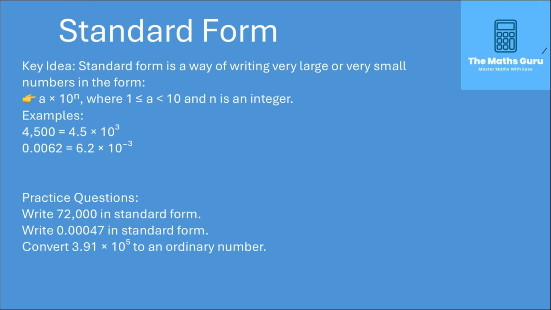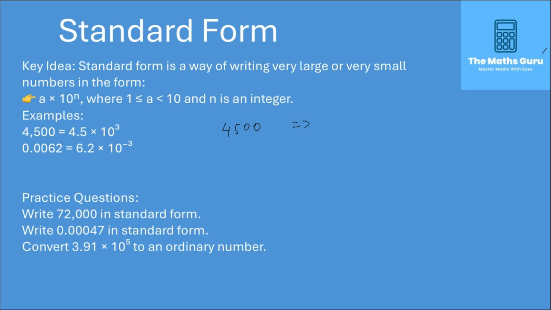Standard form is a way of writing very large or very small numbers in the form a times 10 to the n, where a is a number between 1 and 10 and n is an integer. Some examples: 4,500. We take a large number like this one and write it so that a is between 1 and 10.